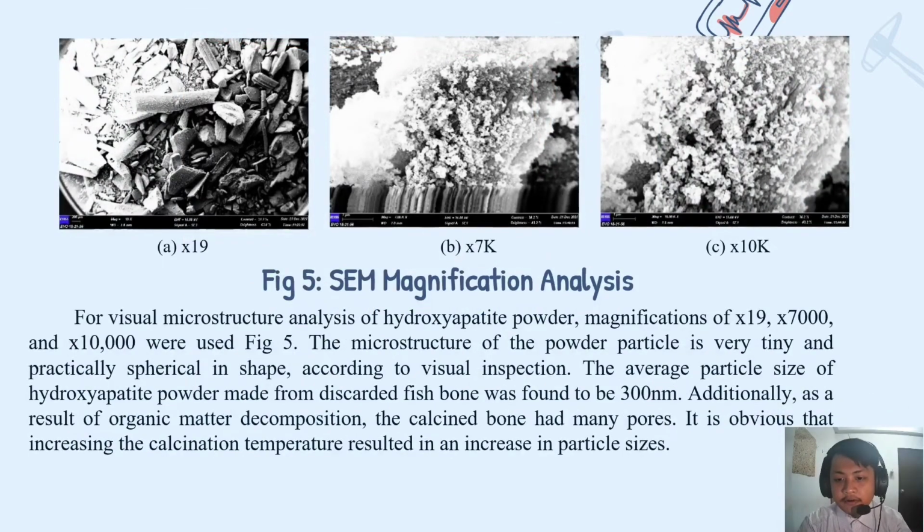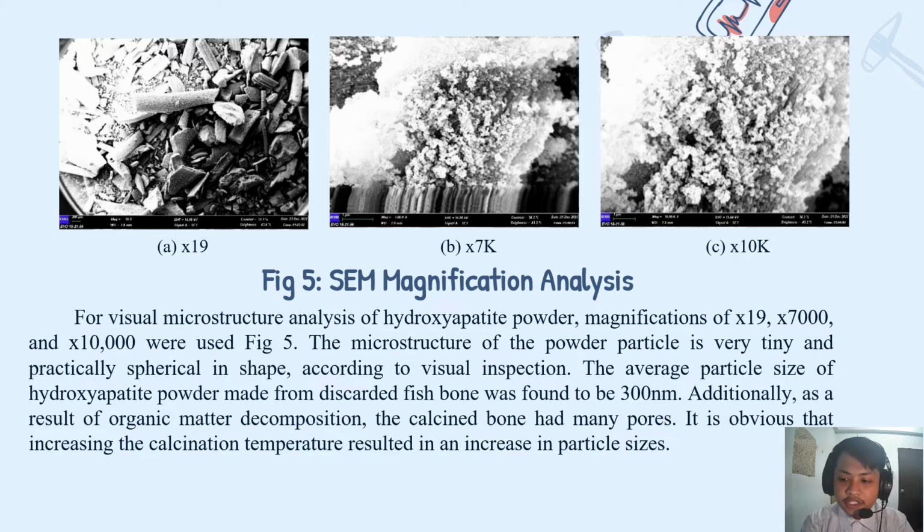Okay, next, for SEM magnification analysis. For visual microstructure analysis of hydroxyapatite powder, magnifications of times 19, times 7,000, and times 10,000 were used in figure 5.